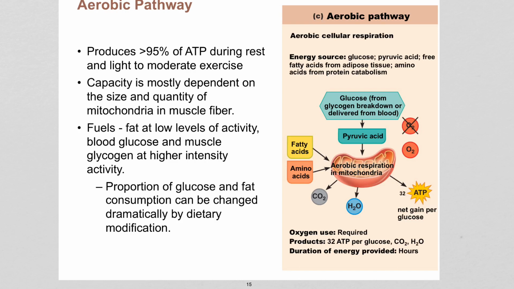And so if oxygen is available and there's enough oxygen to make enough ATP to fuel the muscle contraction, you'll do that whenever possible. The potential ways that you can make ATP aerobically, for the most part, are either glucose or fat from the blood.